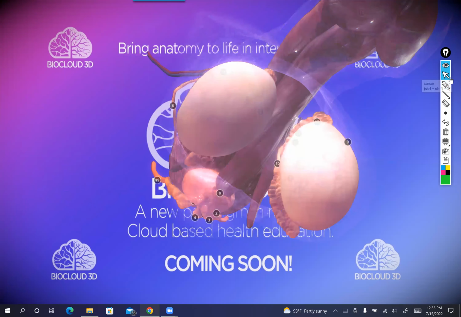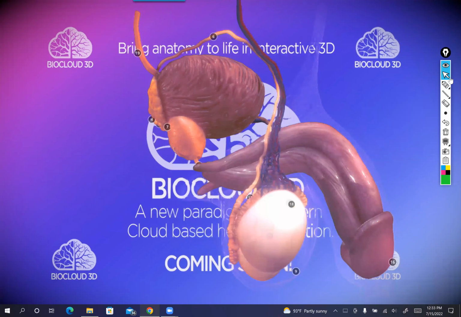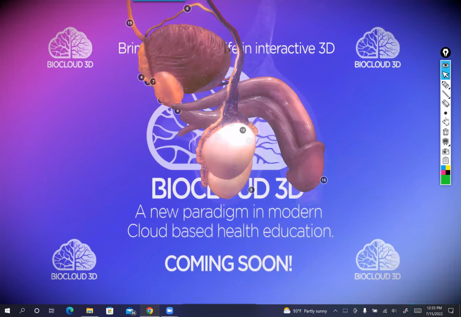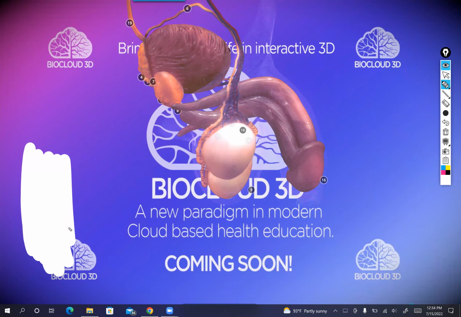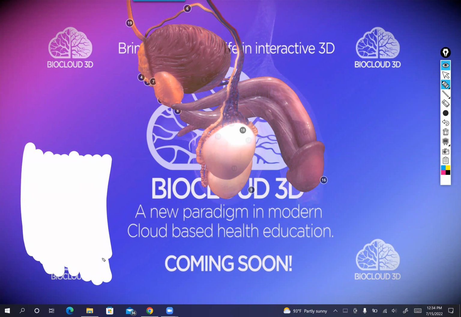Not pictured here are 2 muscles that are important for ejaculation. And those are, I'll just kind of summarize them, the bulbospongiosus muscle and the ischiocavernosus muscle. And so what I'm going to do is take this little box here and explain what they are for.